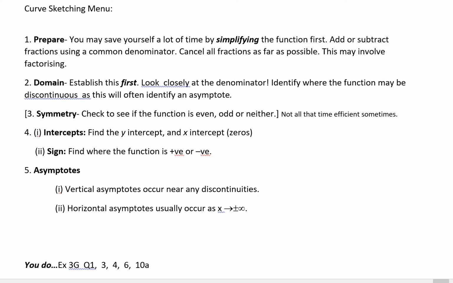Whereas maybe some very quick simplification, I've even seen at times it's brought the graph back to something you recognise as a straight line. Maybe a straight line with 1 point of discontinuity. So please be aware of that and always do it. So step one, always simplify the actual function if it is possible.